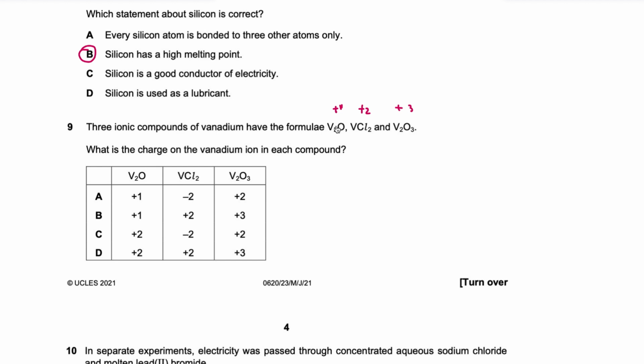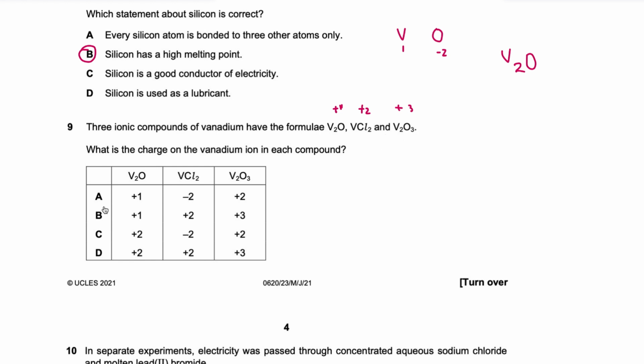Oxygen gave this 2 to this one, and vanadium gave its 1 to oxygen. So when you cross multiply, we now have V2O. So the charge of this one is 1, the charge of this one is 1, then this one the charge is 2, and this one the charge is 3.